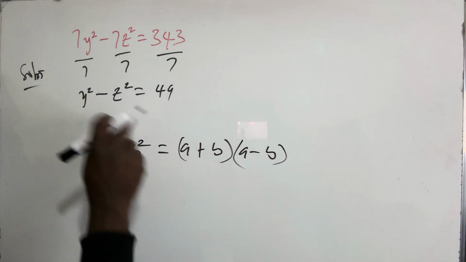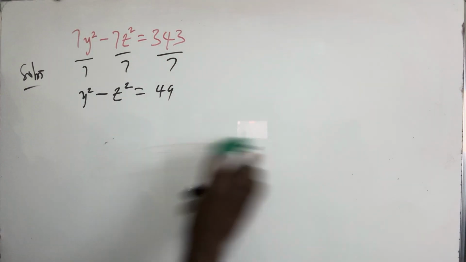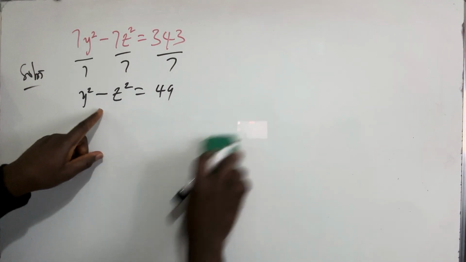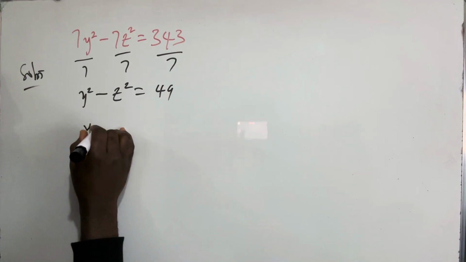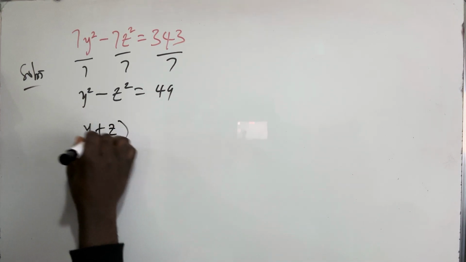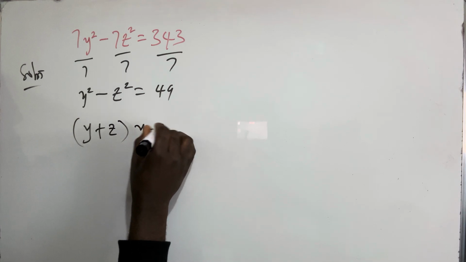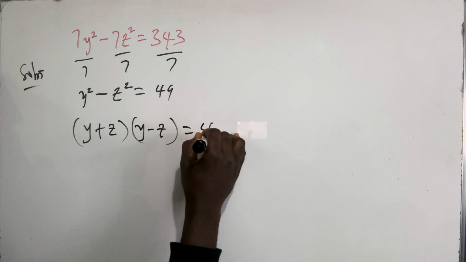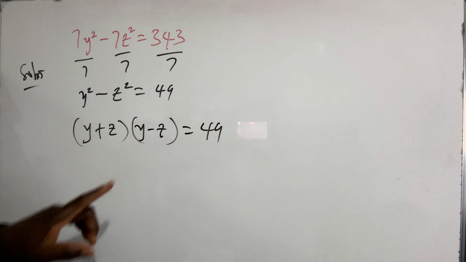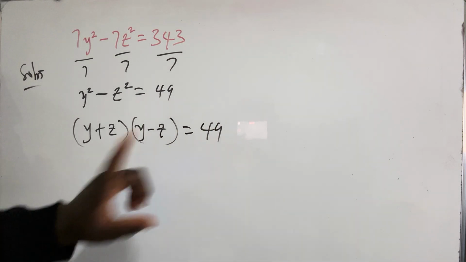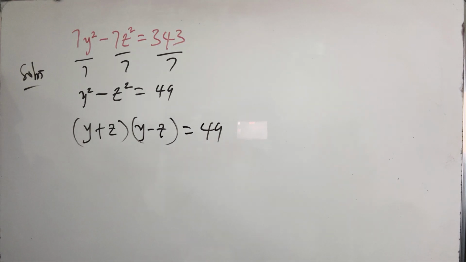Therefore, it's safe to say that this is the same thing as (y plus z)(y minus z) equals 49.